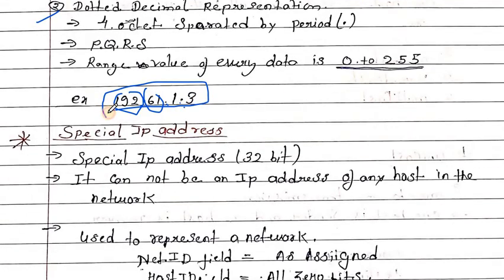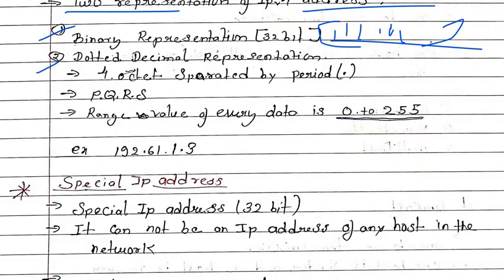Each number is of 8 bit. The dots are used between each and every 8 bits, and each 8 bits are represented in decimal form.